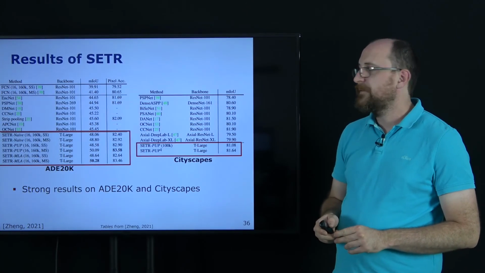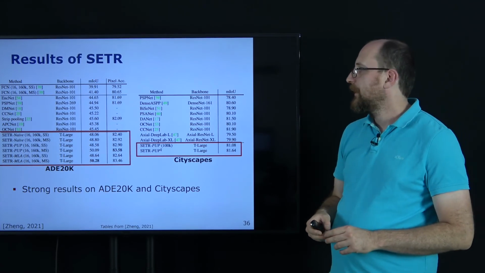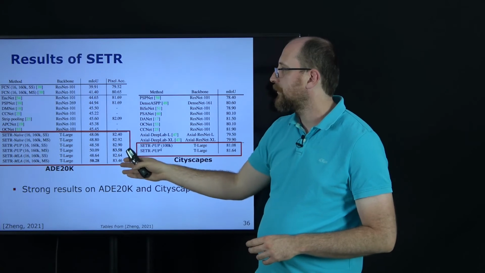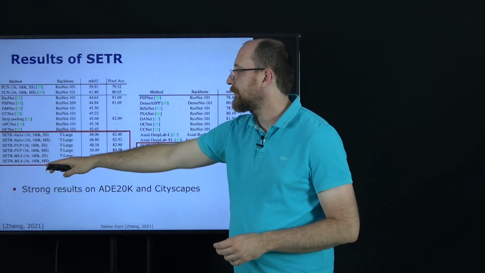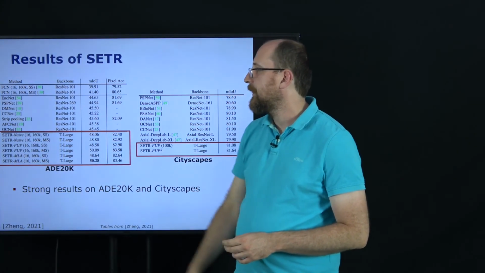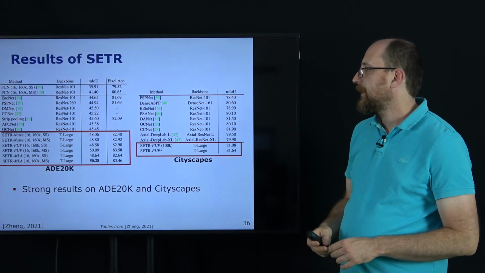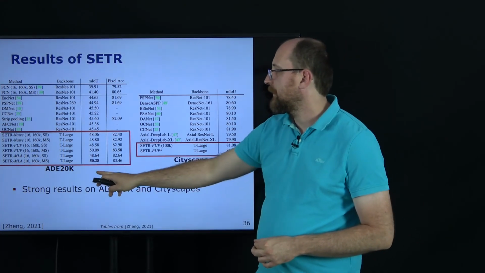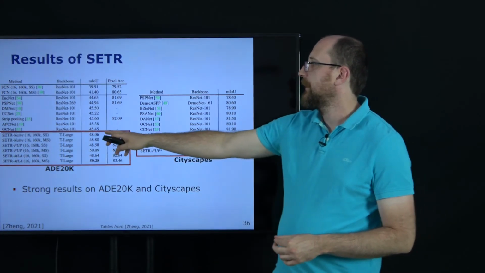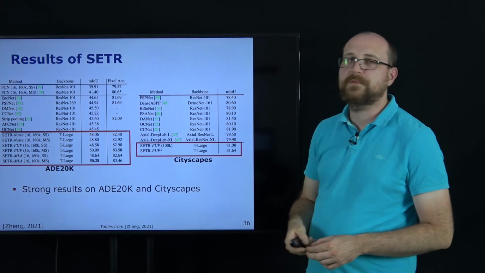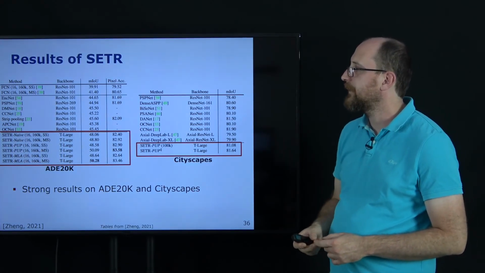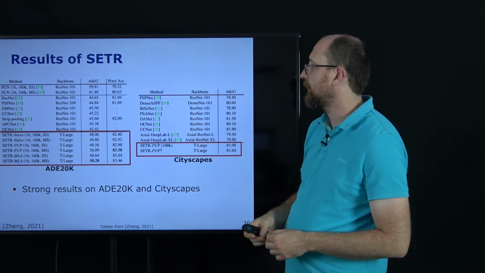And again, when we compare this to the state of the art, we see that the SETR approach, where there are different variants of the upsampling, here you can see the progressive upsampling, but also the multi-layer aggregation, reaches something like 50% mIoU, which is a significant improvement over the state of the art that just uses these ResNet structures.